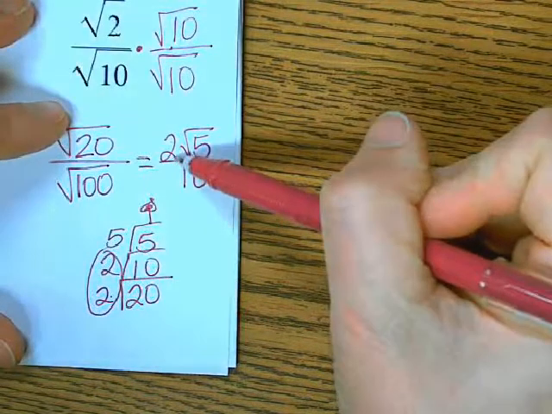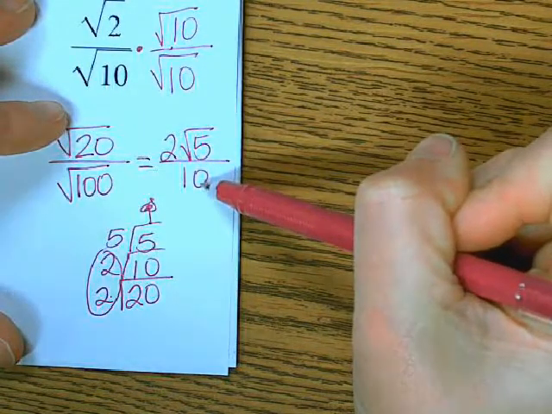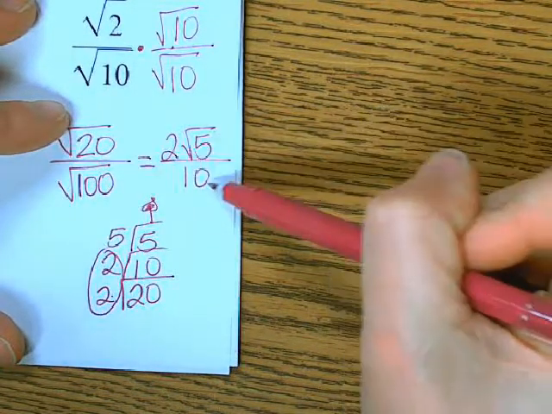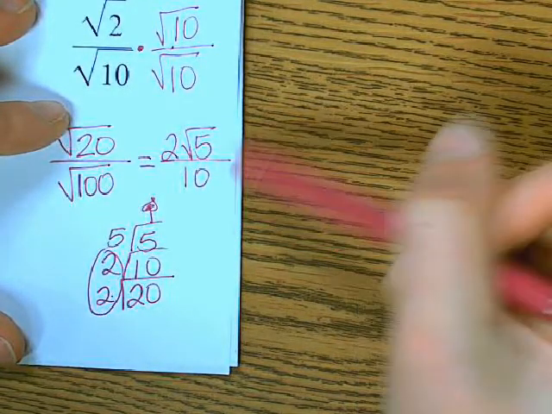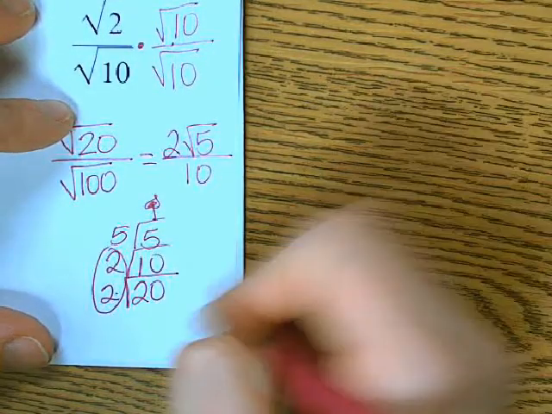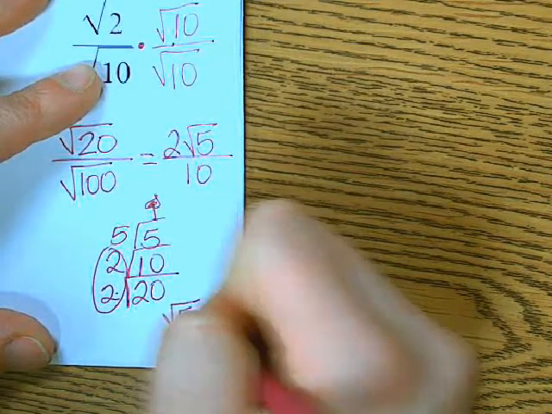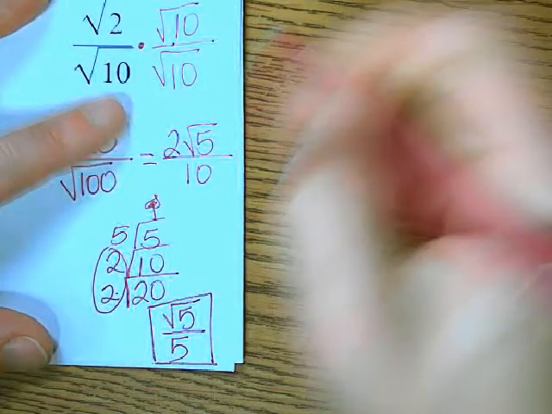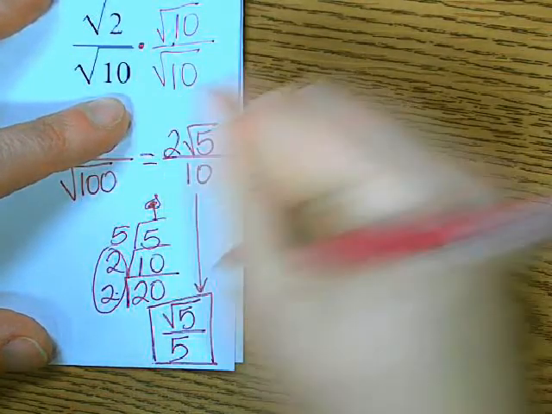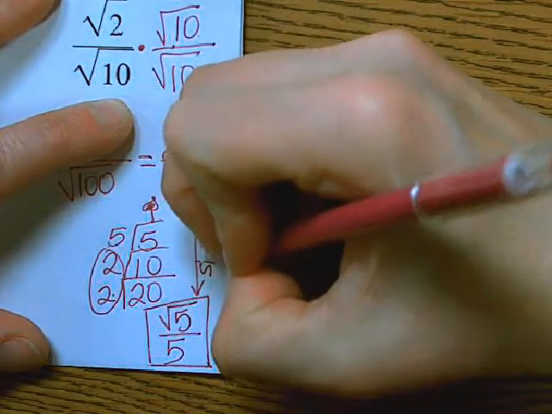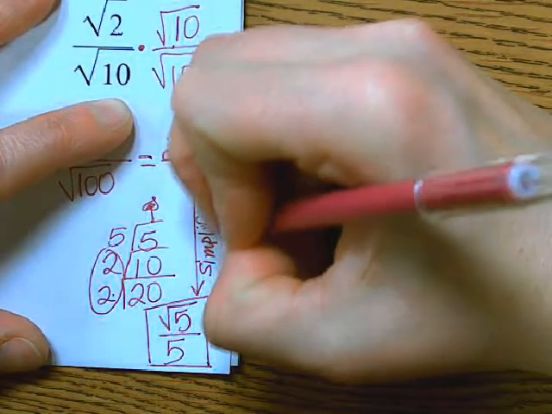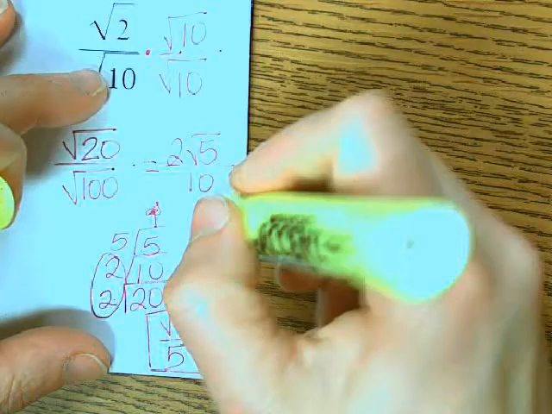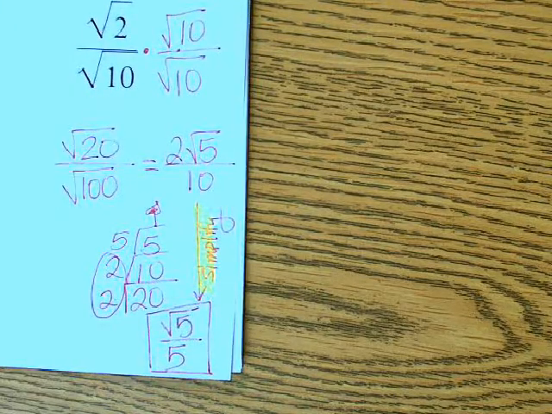Now, you could also realize that both top and bottom could be divided by 2. 2 divided by 2 is 1, and 10 divided by 2 is 5. So my final answer to this problem is square root of 5 over 5, because we had to simplify.